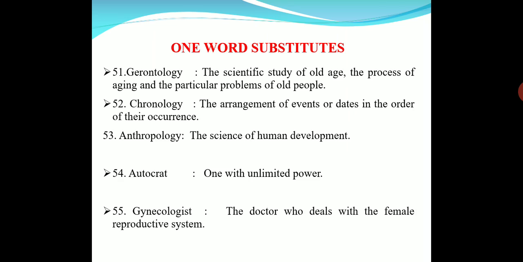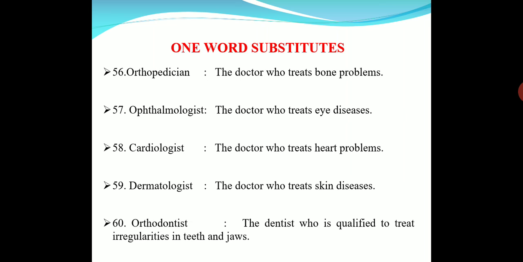And gynecologist is the doctor who deals with the female reproductive system, generally for deliveries. Problems related to the female reproductive system are dealt with by the gynecologist. And orthopedician means the doctor who treats bone problems.